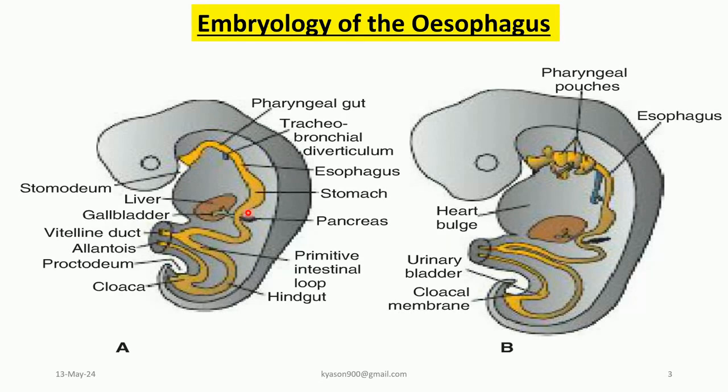okay. And last time I told you that this gut, we divide it into 3. The cranial end is called the, who can remind us? How do we call the cranial end of the primitive gut? Yes, it is called? How do we call the cranial end of the developing gut?